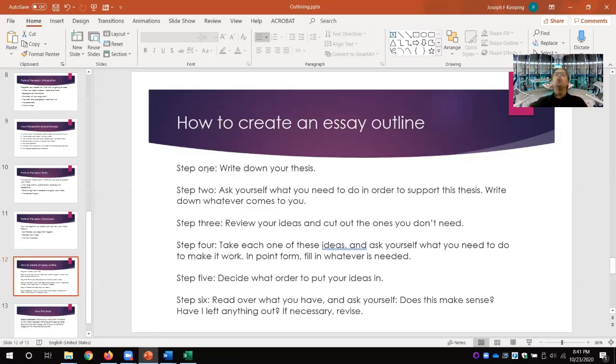Again, there is no single correct way to organize your essay. The correct way to organize your essay is whatever way is going to do the best job of making your reader, one, understand what you want them to understand, and two, see how your thesis follows from the things that you've said.